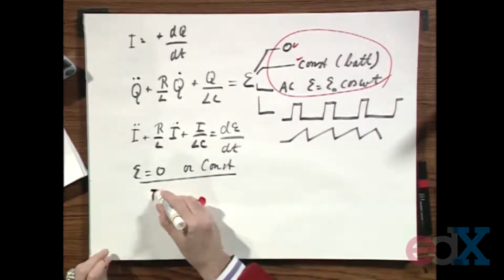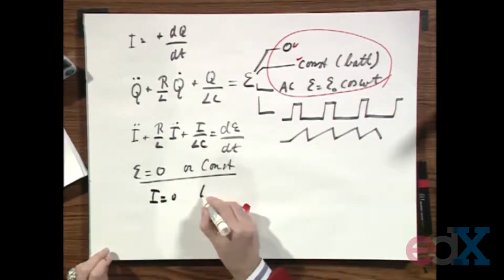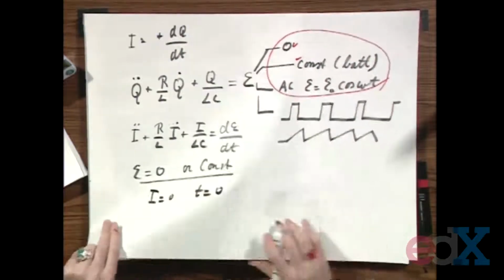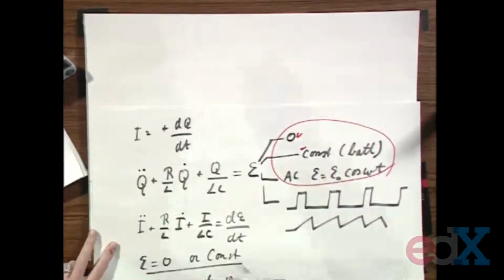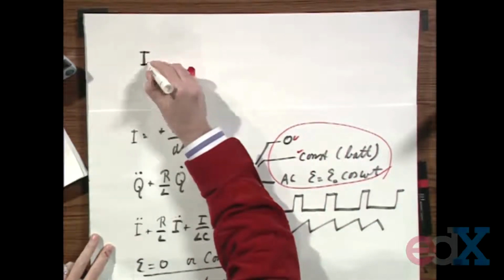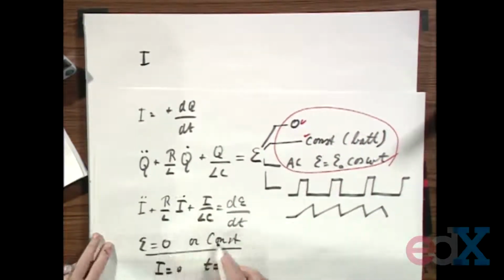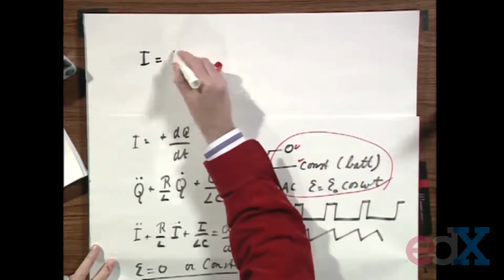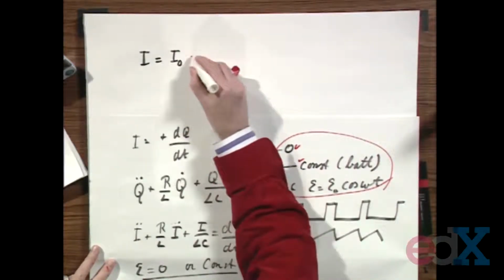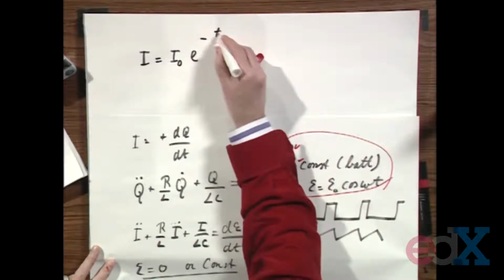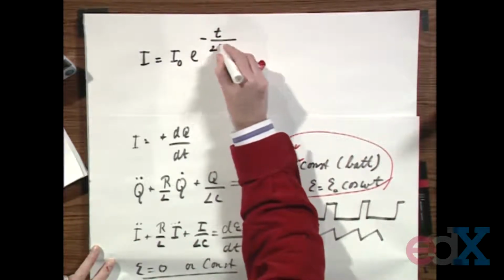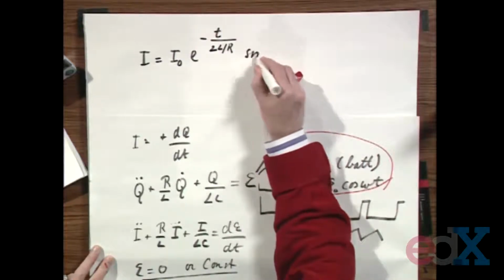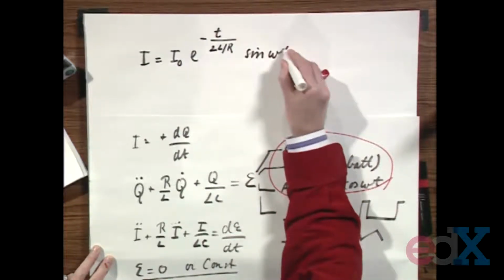I choose arbitrarily that I equals 0 when t equals 0. And when I do that, I find for a solution for a constant EMF, EMF could also be 0, I equals I0 times e to the minus t over 2L divided by R times the sine of omega t.